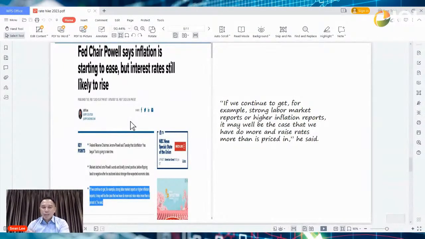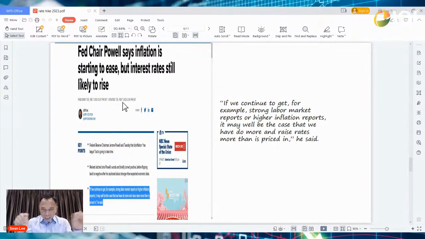Okay, just 2 days ago, on the 7th of February, the Federal Reserve Chairman, Jerome Powell, actually says inflation is starting to ease. Okay, this actually have brought a huge relief to the market, saying that inflation is starting to ease.